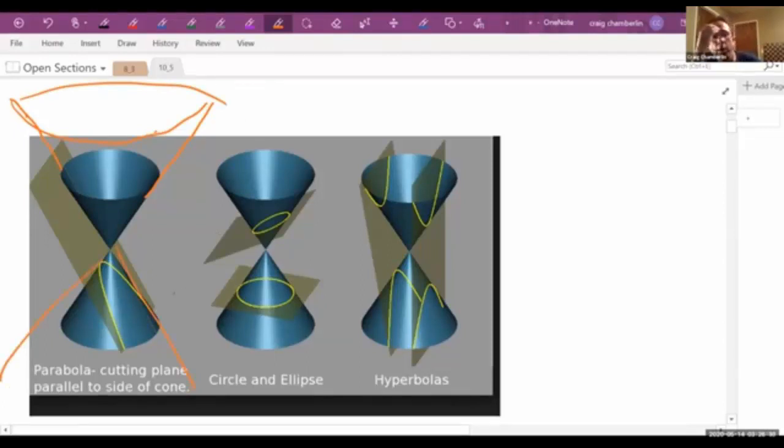If you cut it with a plane, a flat surface, in the right way, you could get a parabola, indicated in yellow right here. Or perhaps a circle or an oval-shaped object, or maybe a hyperbola, which has two branches, one that goes up and one that goes down. So by conic sections, we mean the cross sections you get when you cut a cone with a plane.